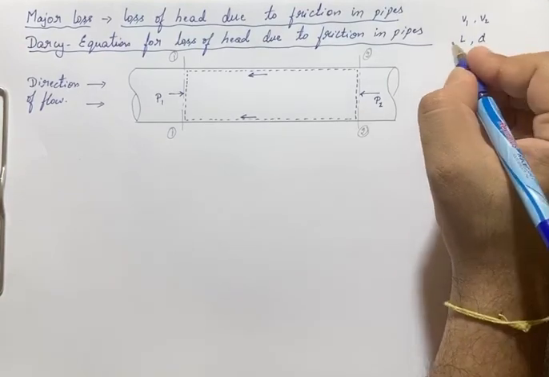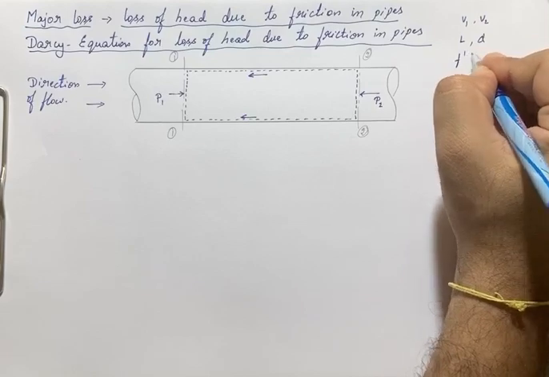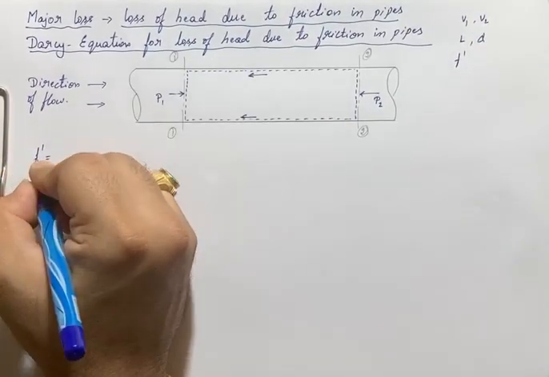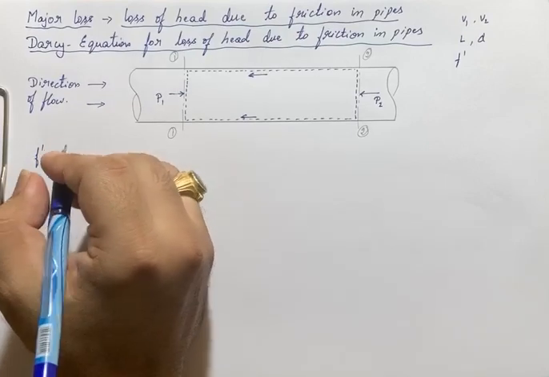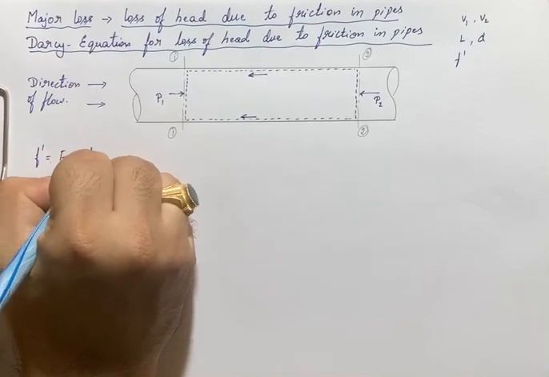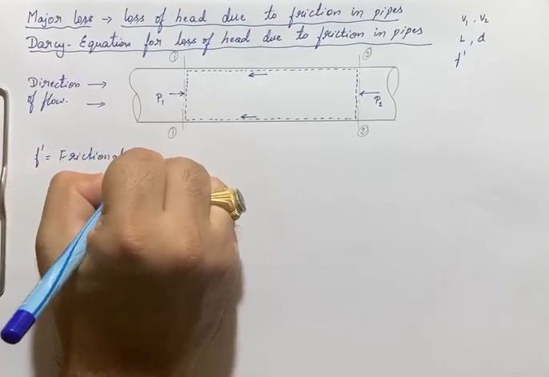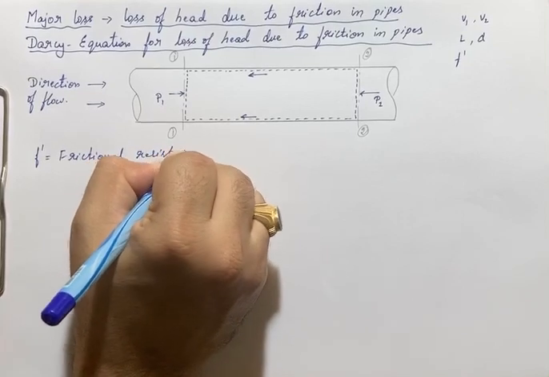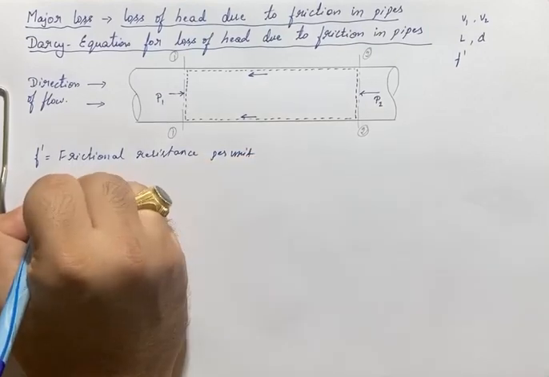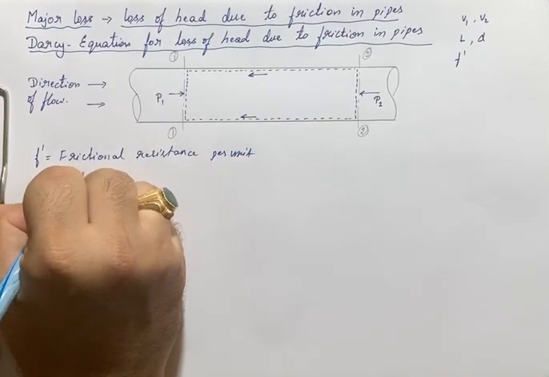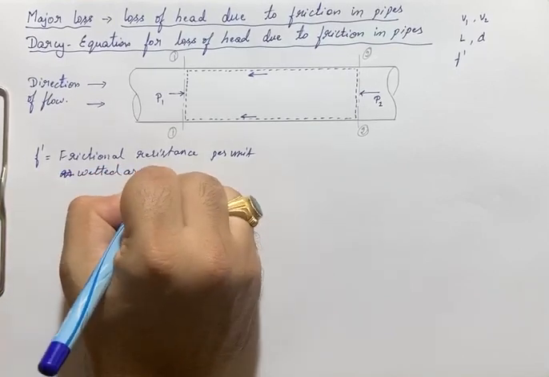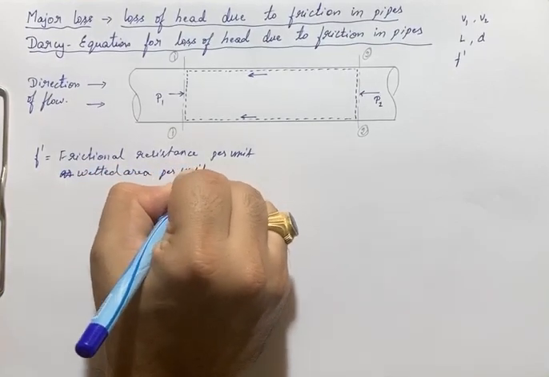One more parameter we will introduce is called F dash. F dash is nothing but the frictional resistance per unit wetted area per unit velocity.